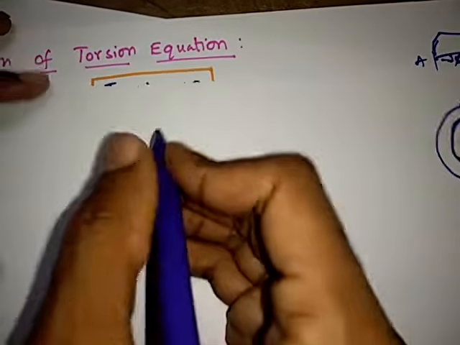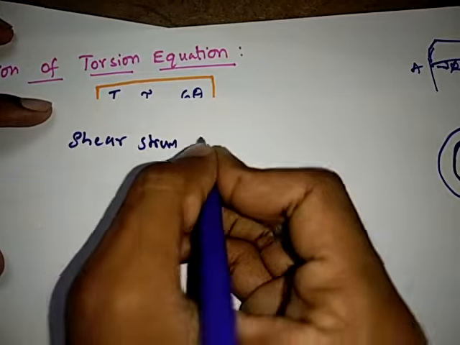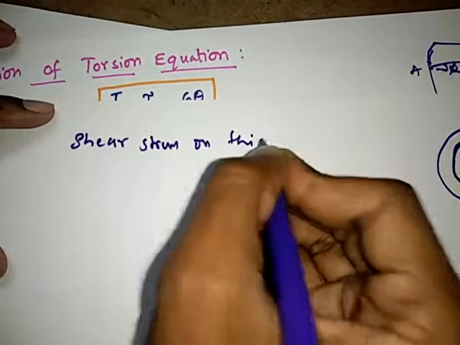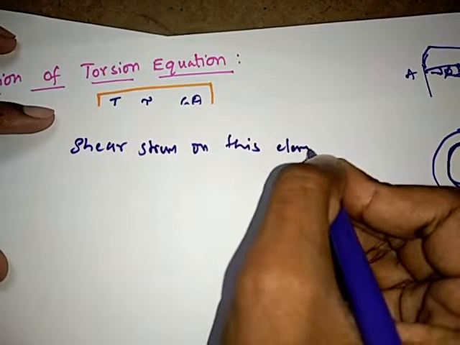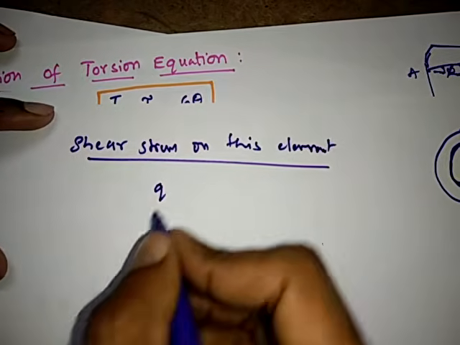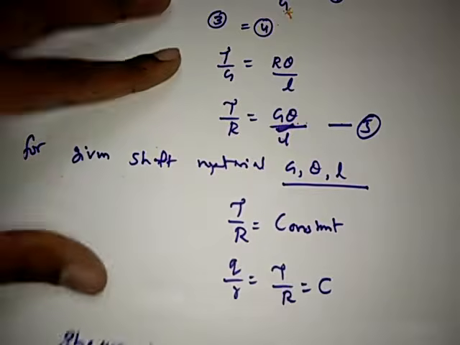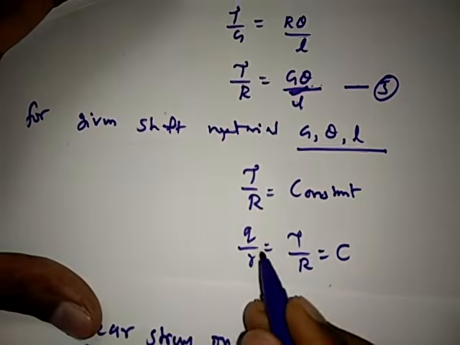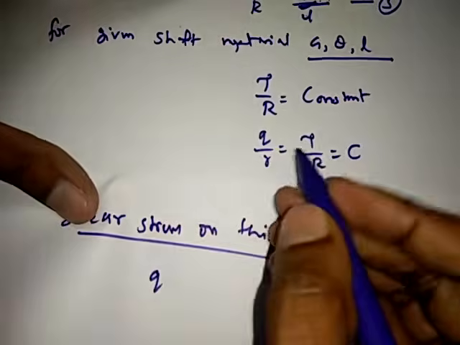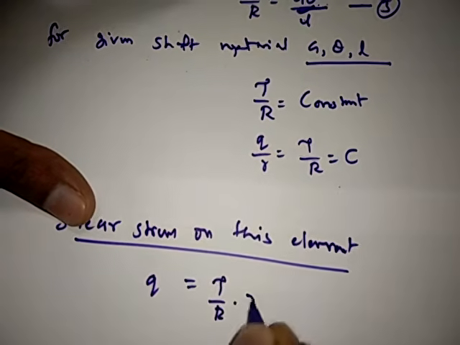Let us write the shear stress on this element as small q. From this, we already know that small q can be written as tau by R into small r.